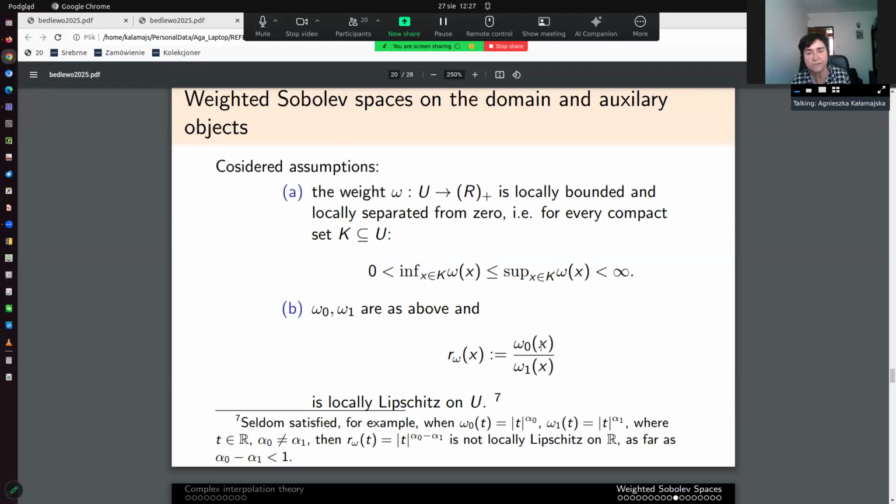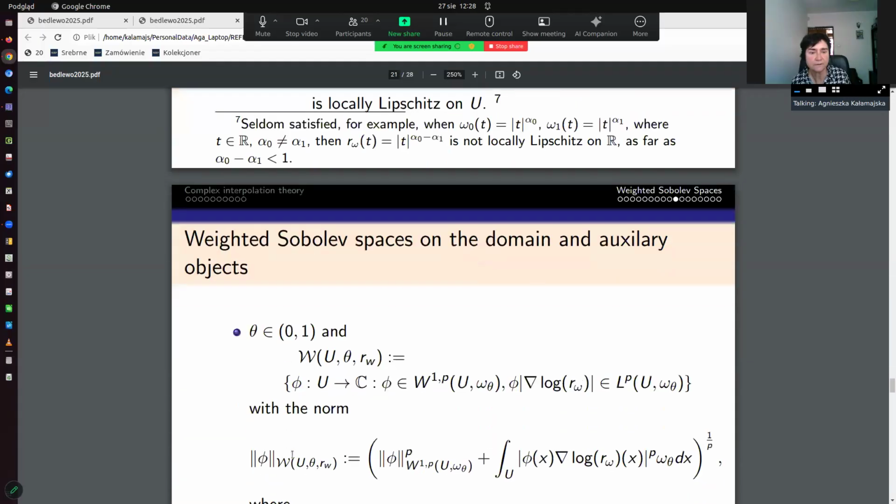Then I have two weights, I divide them, and they should be locally Lipschitz in all the statements. The local Lipschitz condition is also a strong condition. I take the weight 2 to the power alpha, and usually it's not locally Lipschitz. It means it's also a strong condition.